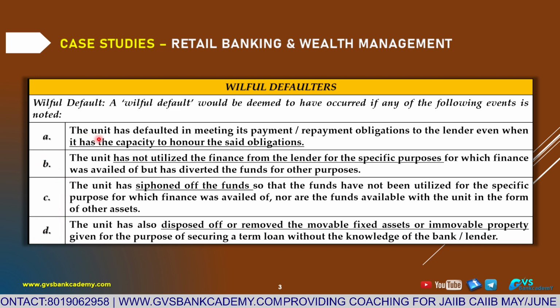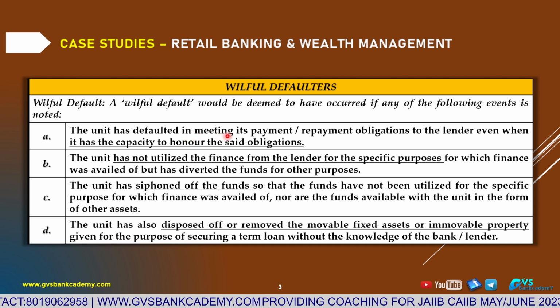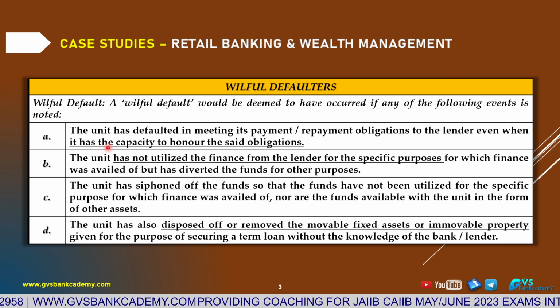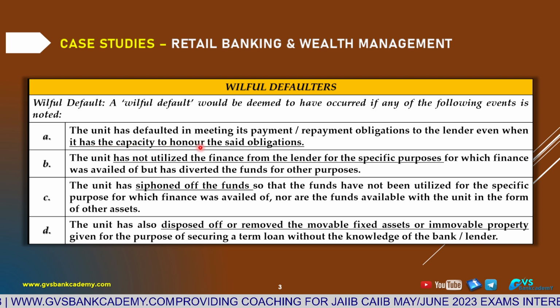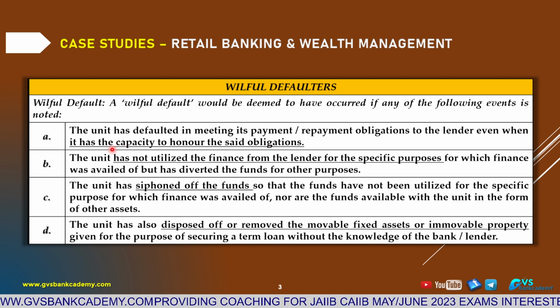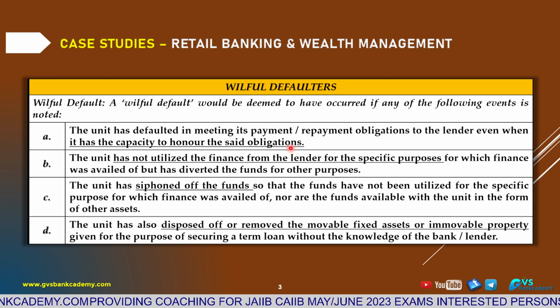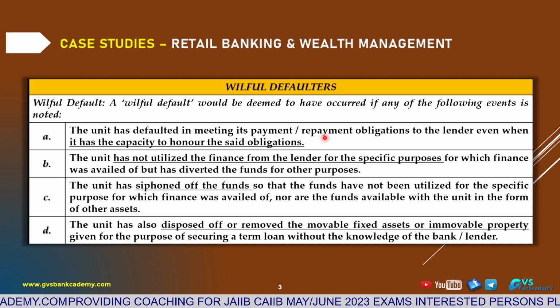A. The unit has defaulted in meeting its repayment obligations when it has the capacity to honor them. It means the borrower has the capacity to honor the repayment obligations, but is not honoring the commitment in repayment.